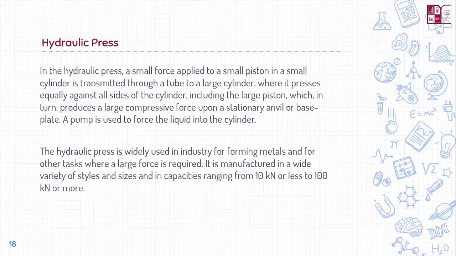A hydraulic press is widely used in the industry for forming metals and for other tasks where a large force is required. It is manufactured in a wide variety of styles and sizes and capacity ranging from 10 kilonewtons or less to 100 kilonewtons or more.